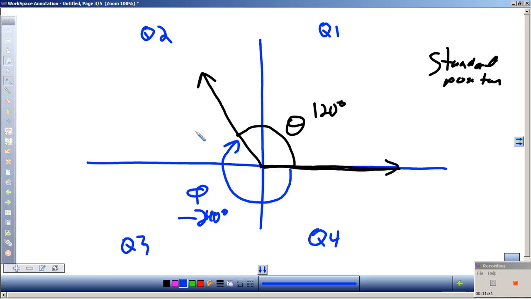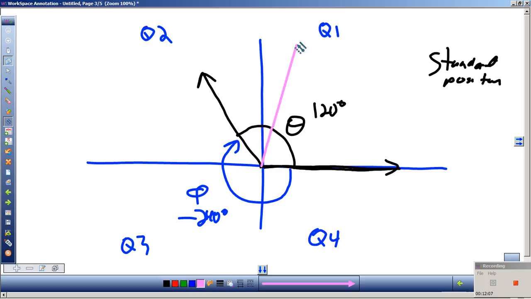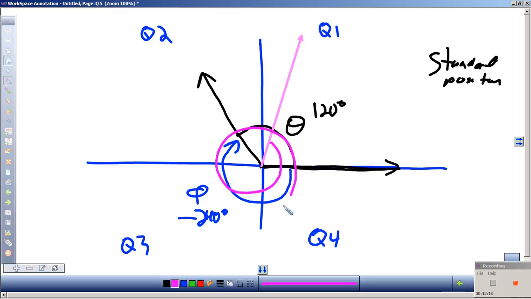And how about I throw one more angle up here. Let's see, this angle here. How big is that angle? Is it going to be positive or negative first? Okay, that means it's going to be a negative angle.